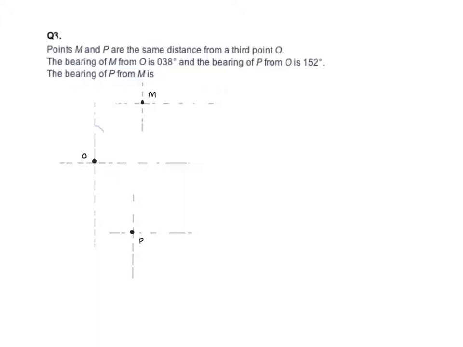So when we join these two lines up, that's 38 degrees. Then they said point P is 152 from O. So 152, you can see it wouldn't be quite 180 and it would be more than 90. That's why I've headed out that way.